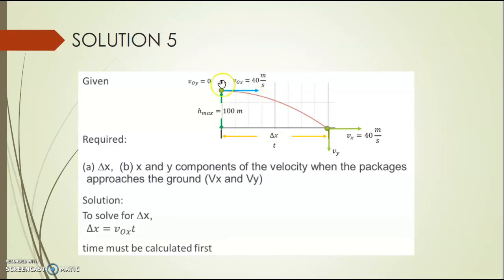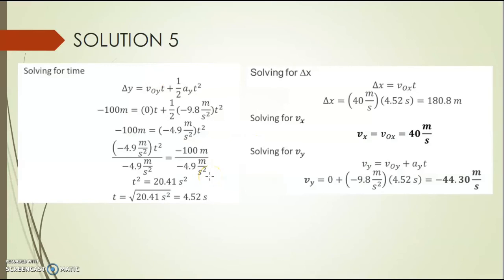Now, this is the graphical representation. We have the Vox as 40 meters per second, and the height is 100 meters. So this is our starting point. The solution for delta x is Voxt, so time must be calculated first. To solve for time, we're going to be using this formula, delta y is equal to Voyt plus 1/2 Ayt squared.